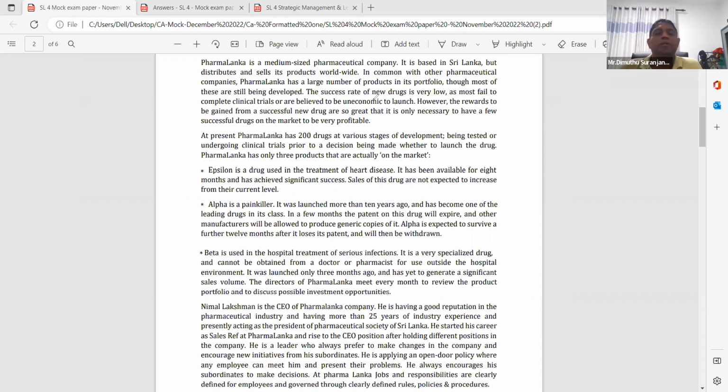Then there are 200 drugs at the very stage of research and development. So it should be in research and development. Even one can argue beta is still in research and development. Why?